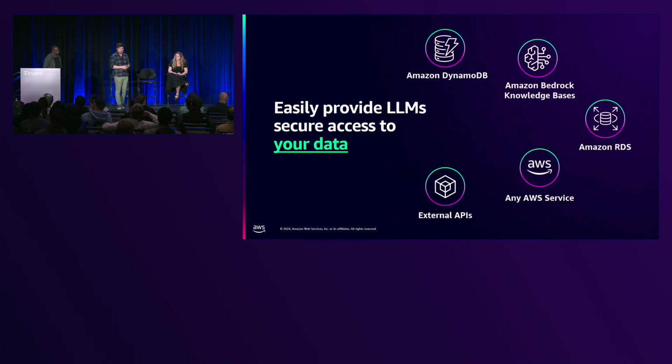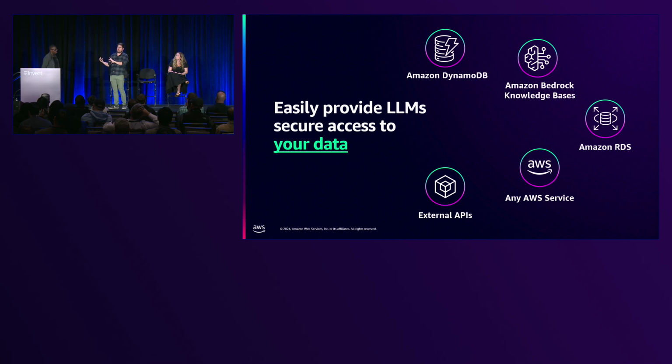The next thing we really wanted to hit on was being able to easily provide the LLMs, or large language models, with secure access to your data. We noticed that data access is one of the key components in building really immersive generative AI applications. It's pretty easy to just grab a large language model and create a chatbot.